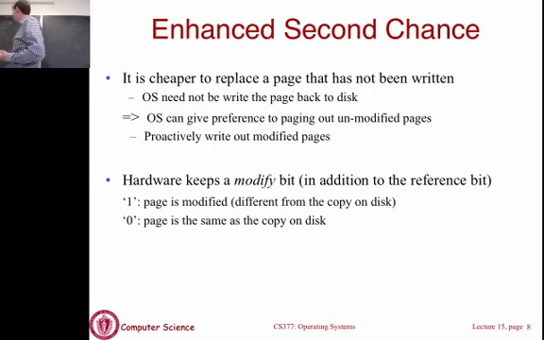So let's say we have this page, and we're not choosing to evict it right now, but it's different from its copy on disk. We could just say in the background, let's copy this back to the disk. That effectively makes it an unmodified page, because now it's equal to the copy of the page on disk.